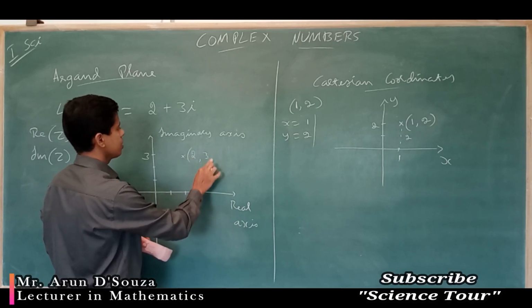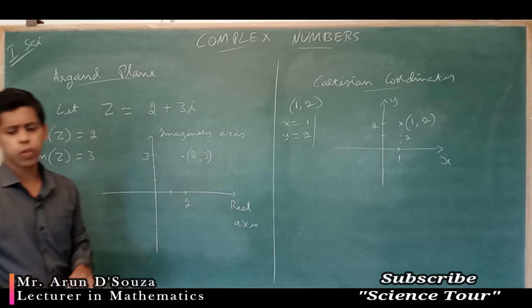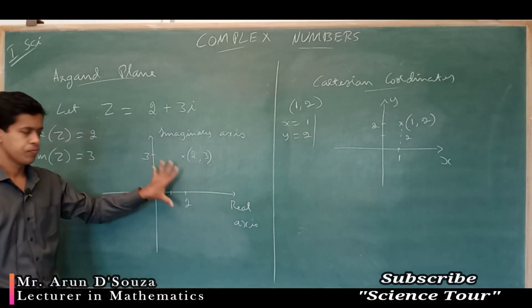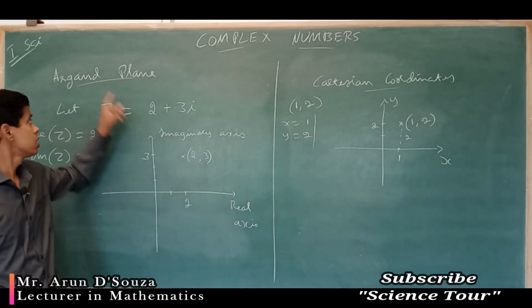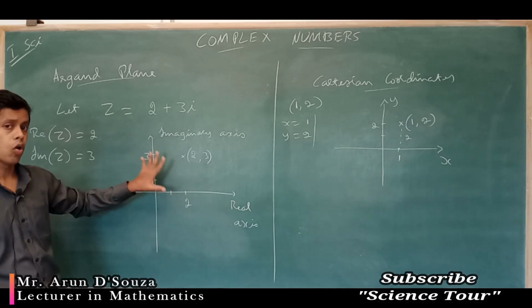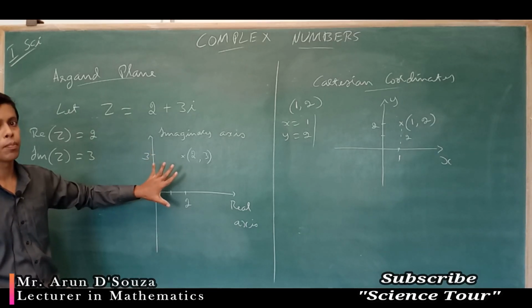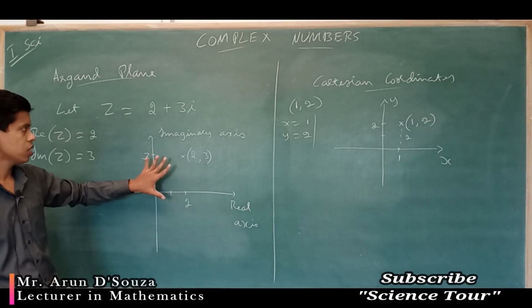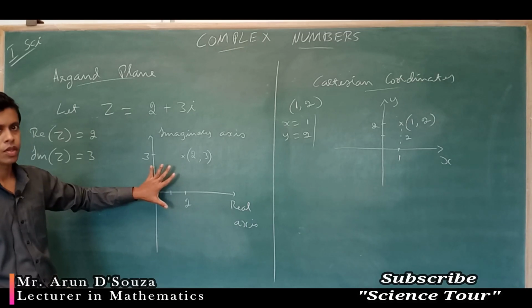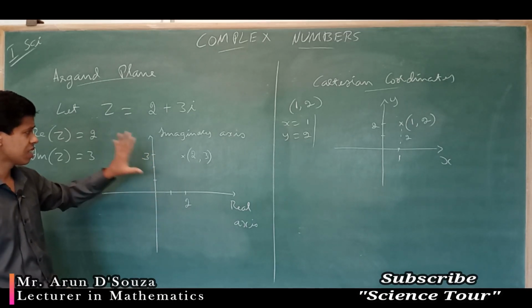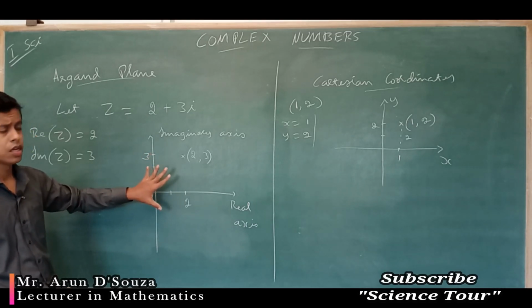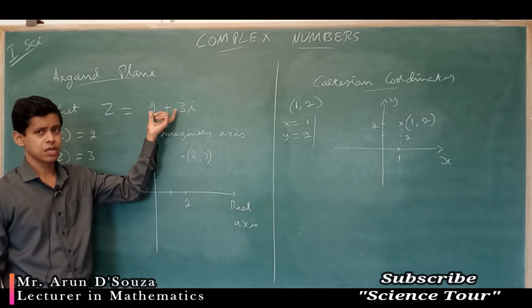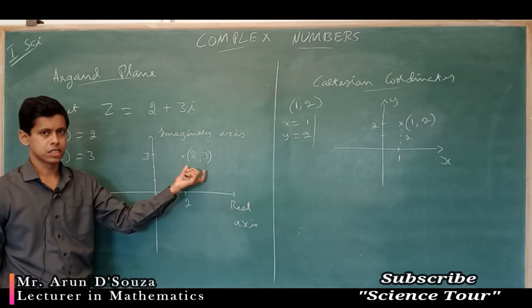So what is happening here? Every point on this plane. Okay, what plane is this? Argand plane, or this is a complex plane. Right. So this is the complex plane which represents the complex numbers as points.